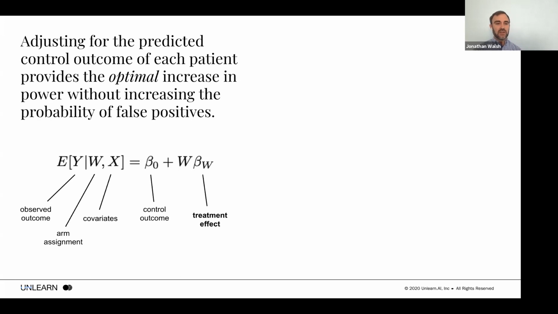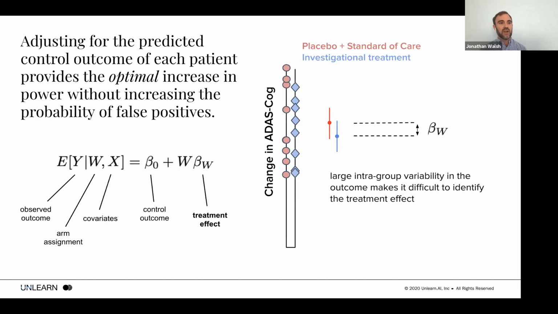The challenge is that in each arm, the outcome that we're measuring can be highly variable. This variability can make it very difficult to identify significant treatment effects. So in the example on the right, we're charting on the vertical lines observed outcomes for patients in each arm. In the placebo arm, we're showing in red circles example outcomes of subjects, and we're showing the effect of a treatment in blue diamonds on the right.